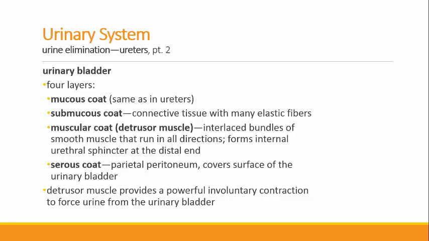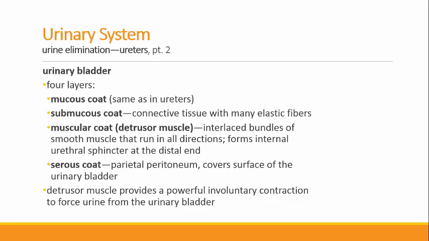Remember, transitional epithelium is the epithelial type that appears to be cuboidal when the structure is relaxed, but as it stretches, it becomes more and more squamous, and so those cell layers begin to take on the appearance of squamous epithelium, although they are cuboidal when not distended.